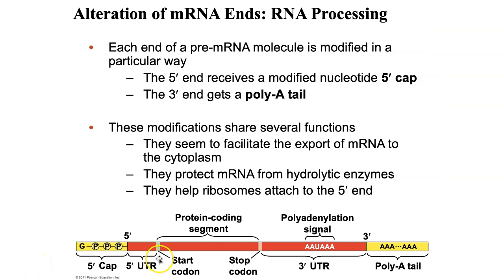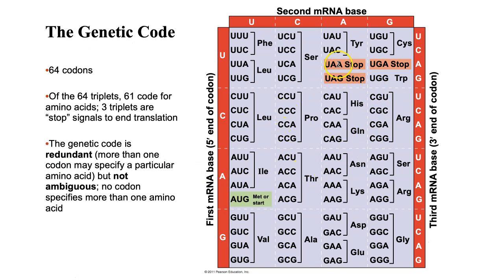So this start codon is what's going to signal the ribosome to begin translating. So anything after the start codon is the protein coding part of the transcript. So this contains all of the codons, remember these are our codons, that are going to signal which amino acids to use to build our protein.